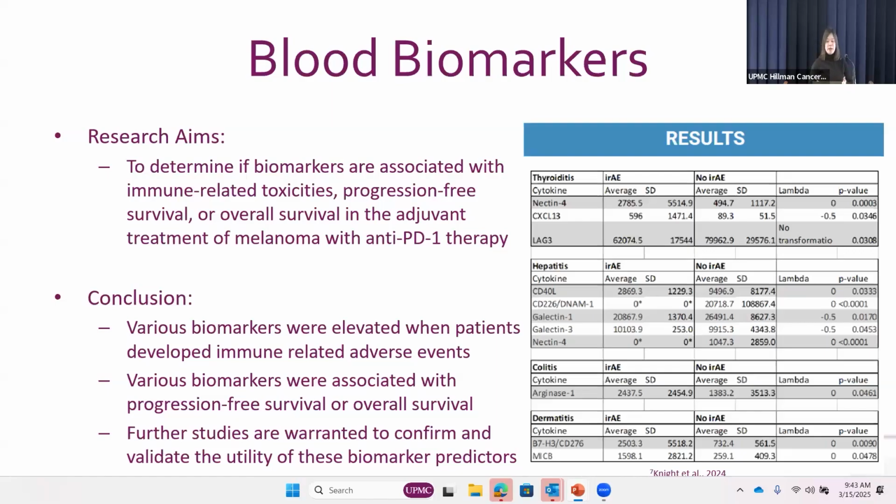And so their conclusion by looking at these biomarkers was that there were various biomarkers that were elevated when patients had immune-related adverse events. Also, there were different biomarkers associated with overall survival and progression-free survival. So this ultimately tells us, one, we need more research, but ultimately, hopefully, we get to a place where we can make better treatment decisions based upon our individual patients from these biomarkers.